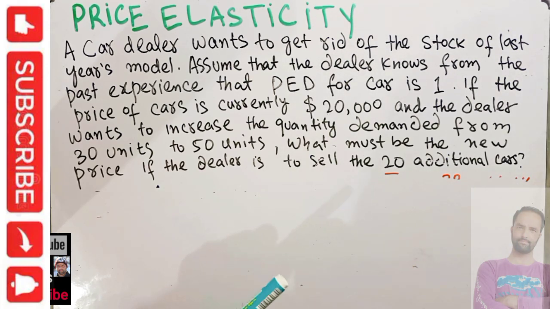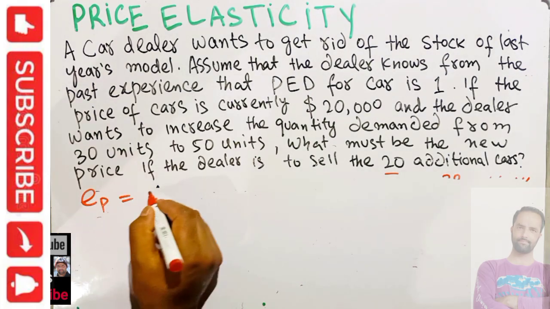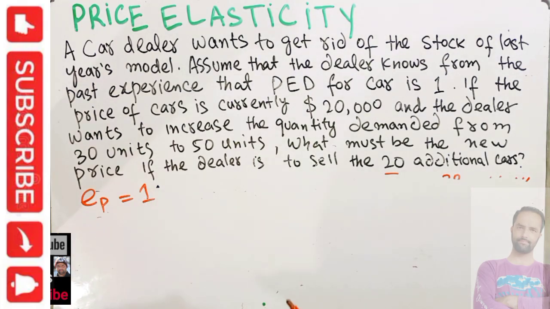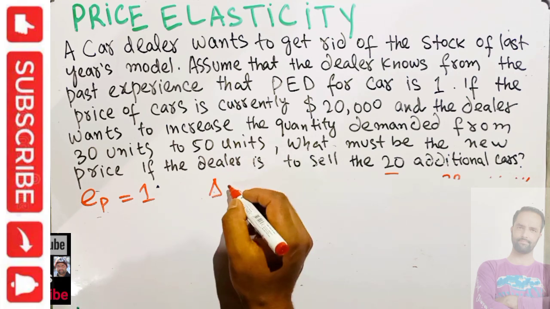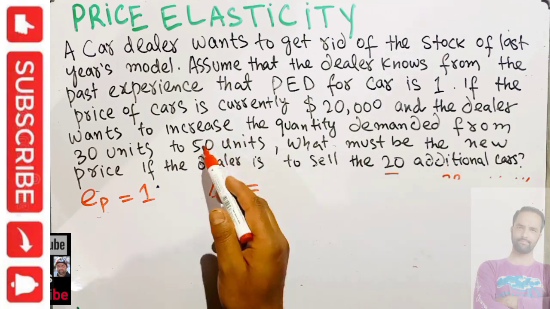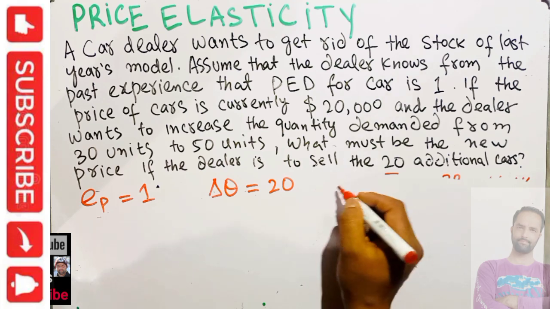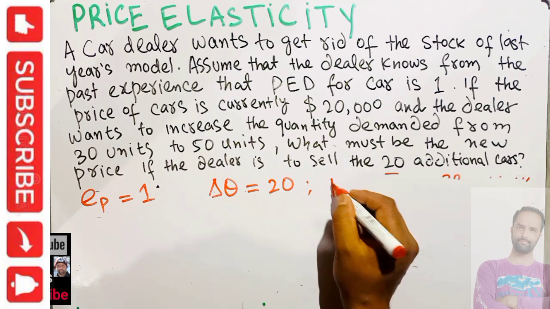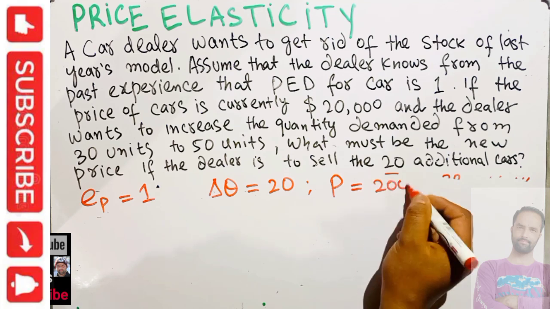Our price elasticity of demand is 1. The change in quantity is 50 minus 30, that means 20, and our price is given by $20,000.